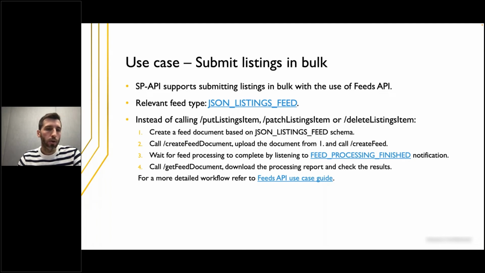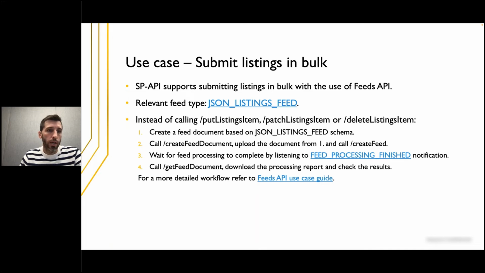The relevant feed type in this case is the JSON listings feed. We have attached the handout that you can download from the GoToMeeting tool with all the slides and the relevant links, so you can check from there. There is a link with a description and some information on what the JSON listings feed looks like.